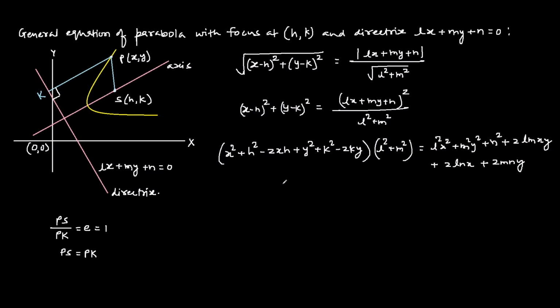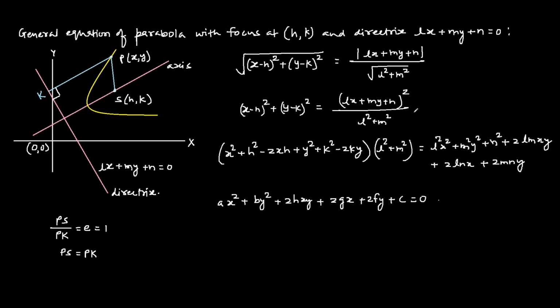Now we will simplify this expression, or we will bring all the terms to the left hand side. Then this equation will be something like this: ax square plus by square plus 2hxy plus 2gx plus 2fy plus c equal to 0, where a is the coefficient of x square, and that will be l square plus m square minus l square.